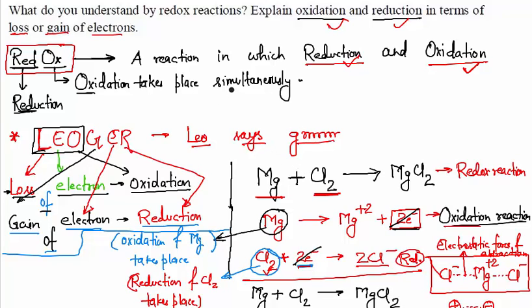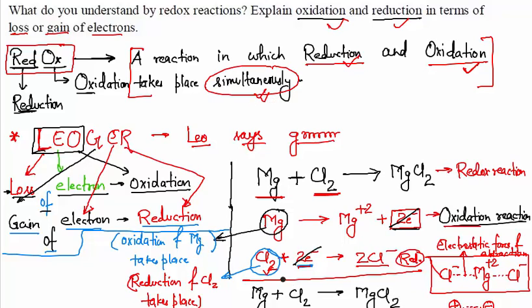One more thing: this particular word, simultaneously, is very important. A reaction in which reduction and oxidation take place simultaneously. Why are we using this word simultaneously? Now you can understand.